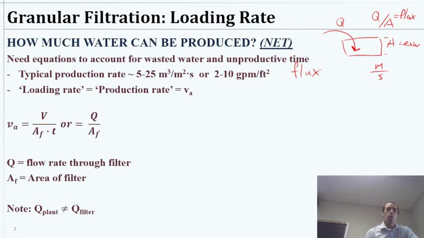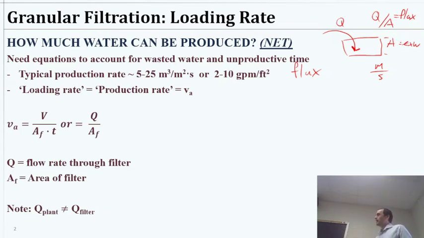You could use it for the entire plant, if you're including all of the filters in the entire plant, theoretically. But we don't really want to do that because usually we're going to have at least 1 or 2 offline. Just be careful with that and think about what makes sense to use.